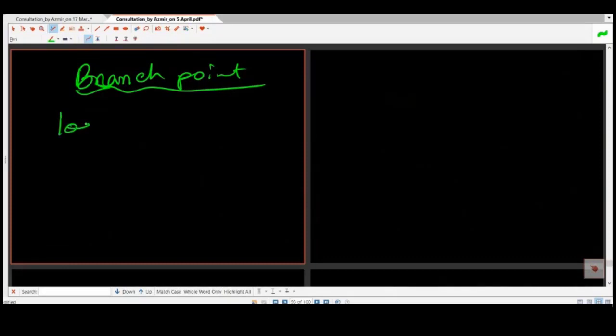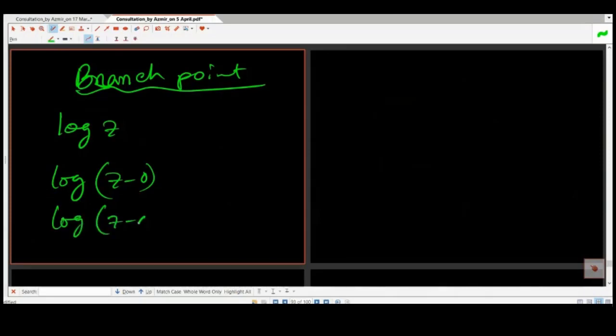Whenever we have log of z, we can think of log of z minus 0, and in general log of z minus a. If we have log of z or log of z minus 0, then the branch point will be z equals 0. If we have log of z minus a, then the branch point will be z equals a.